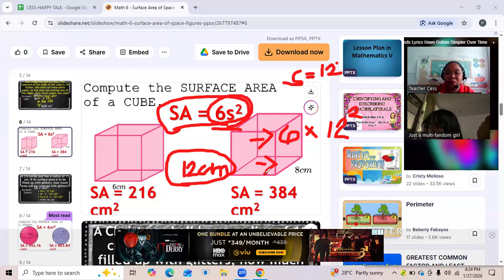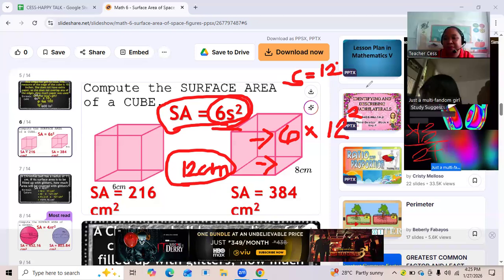When you say squared, multiply by itself lang, right? So it means 12 times 12. What is your 12 times 12? Okay, so that is 144.